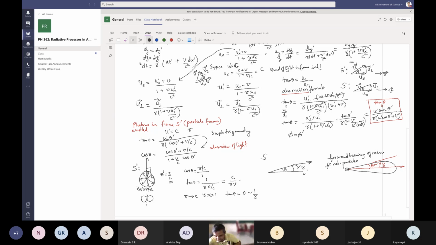This concept will be very important, that theta goes like 1 over gamma. If you have a relativistically moving particle and it is radiating, most of its light will come in the forward direction in an angle of order 1 by gamma. Very important concept. This is called the beaming effect.